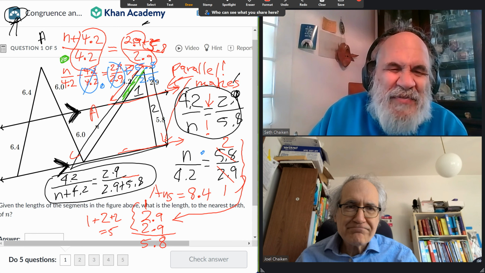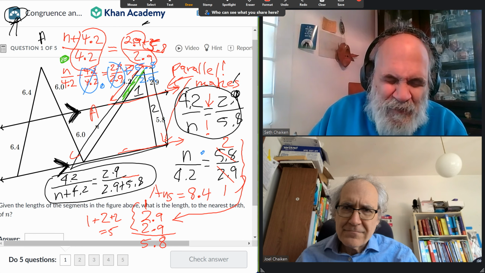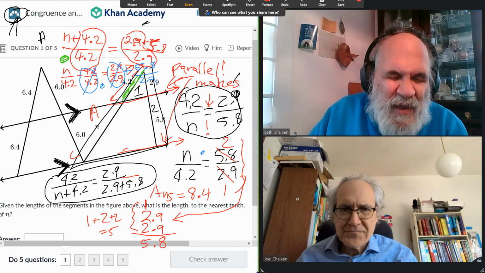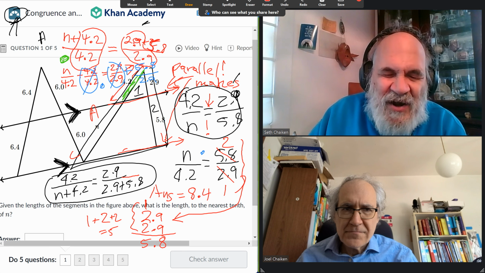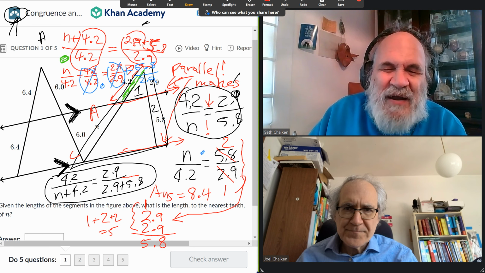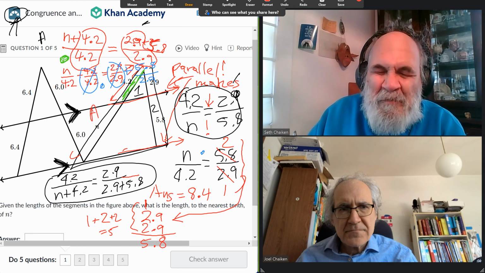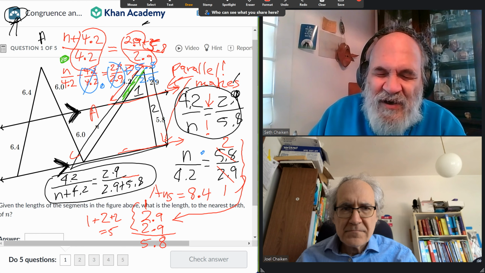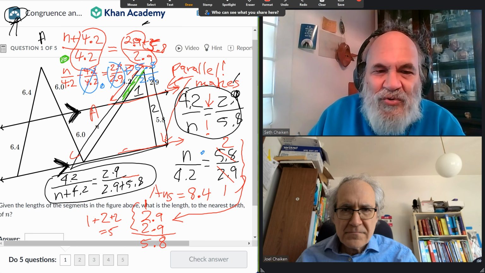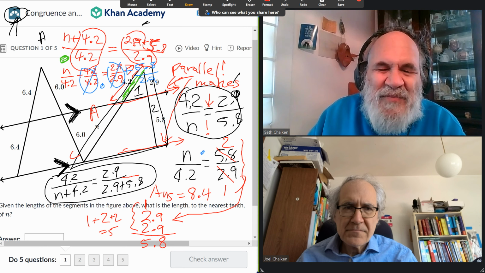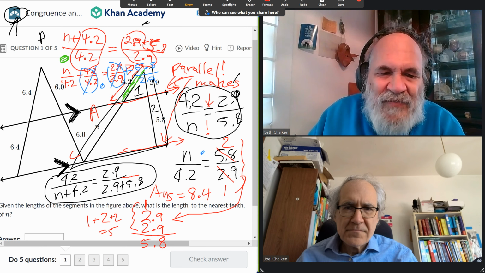I think this property of similar triangles delimited by parallel lines is a good thing to remember and use for problems that it fits.